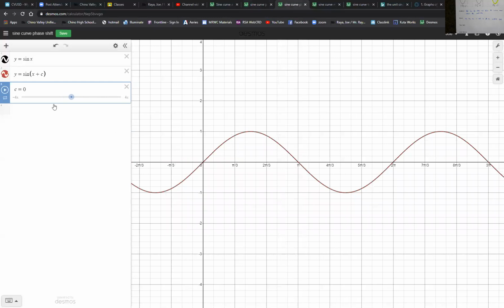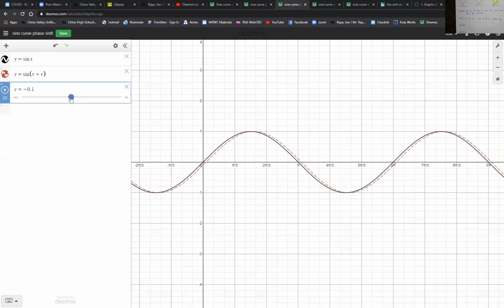Phase shift is, notice now, here's the C term. The phase shift is when you start to shift the entire curve. Now we're not playing around with stretching it anymore. We're not stretching it horizontally or vertically. We're making that whole thing move.